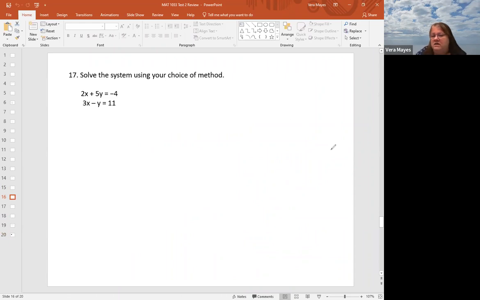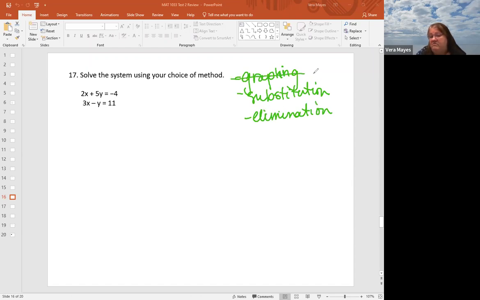So you guys talked about several methods. You did graphing, which is okay, but it's not very easy to do sometimes. You did substitution and you did elimination. So typically we don't use graphing a lot. We usually use substitution or elimination.